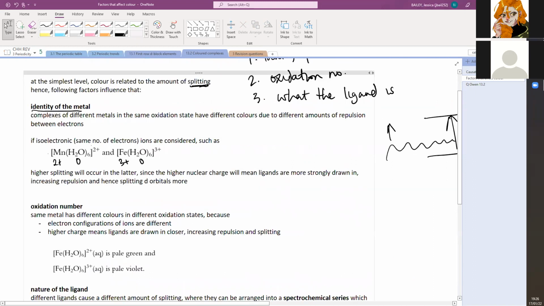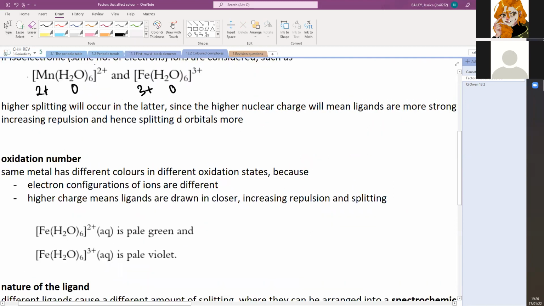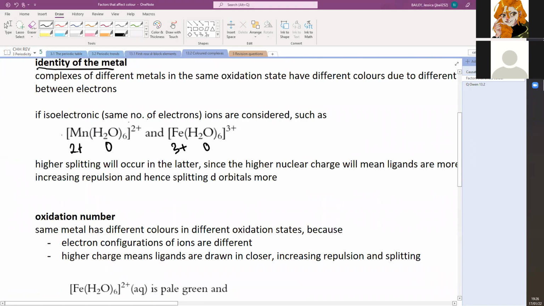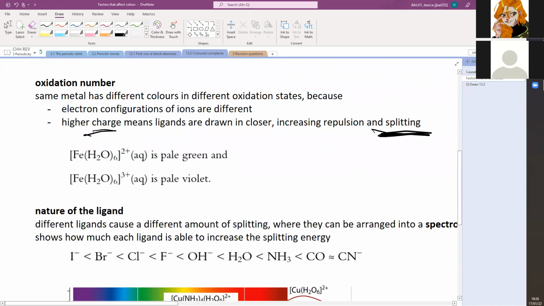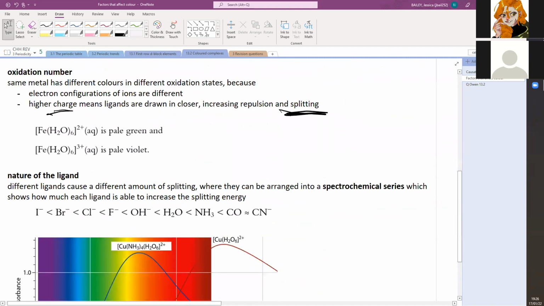Because the charge means that you've drawn your ligands in closer, so the water ligands in the iron complex are closer than the manganese ones, and so your splitting actually increases. As for how that actually affects the color, like if it turns from red to green or something, you don't need to know. But just remember, the higher the charge, the more the splitting, not the less, the more.